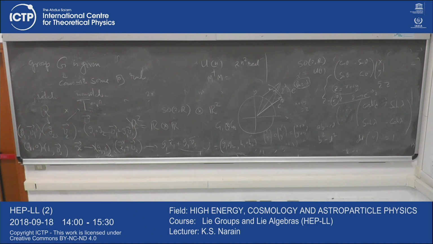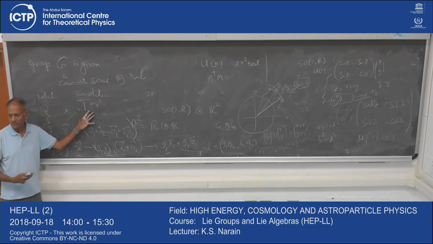This is the product. So more abstractly said, I have two groups, say G1 and G2, but G1 acts on G2 by some automorphism. There is some action of G1 on G2, which is an automorphism in the sense that it preserves the group structure of this group.